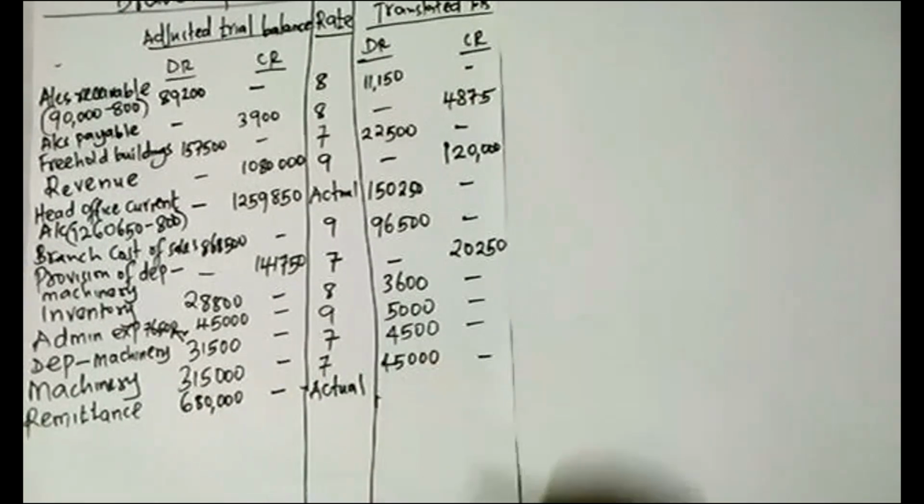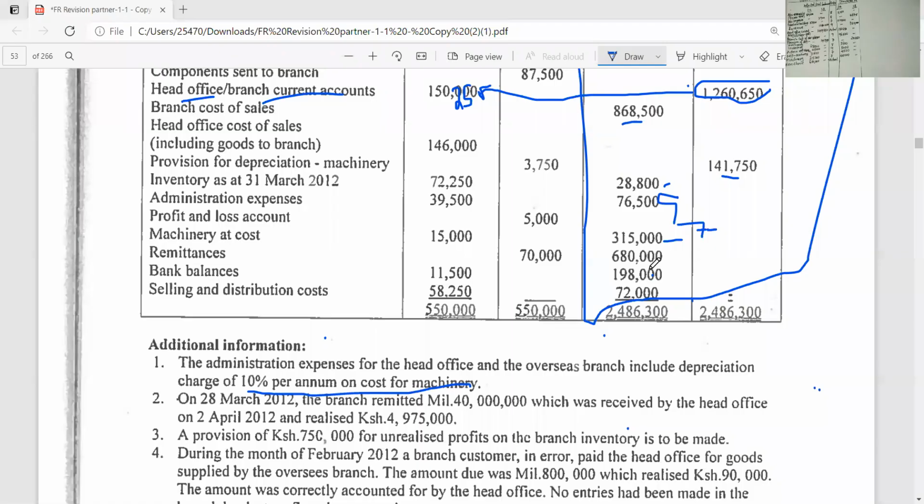So remember, this amount was remitted, sent by the branch to the head office. The branch sent 680, but the head office received what? So this is what was sent by the branch. But now the head office received what? The actual amount. The actual is the one which the head office received.